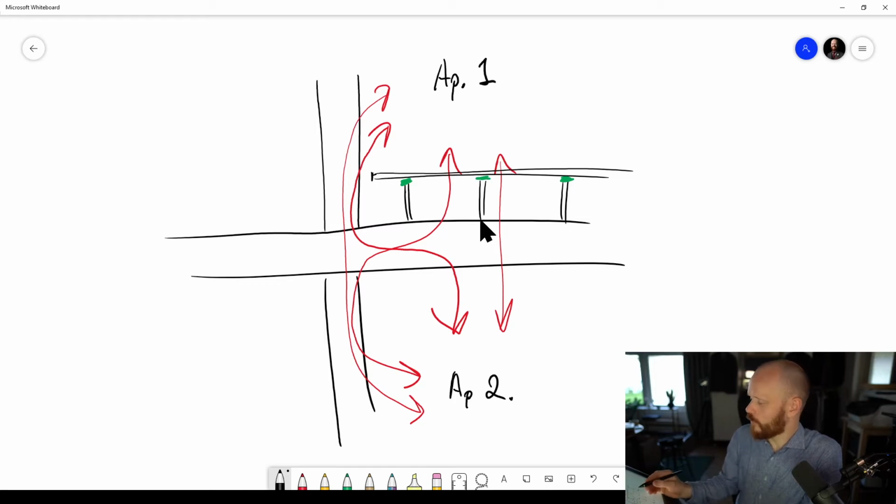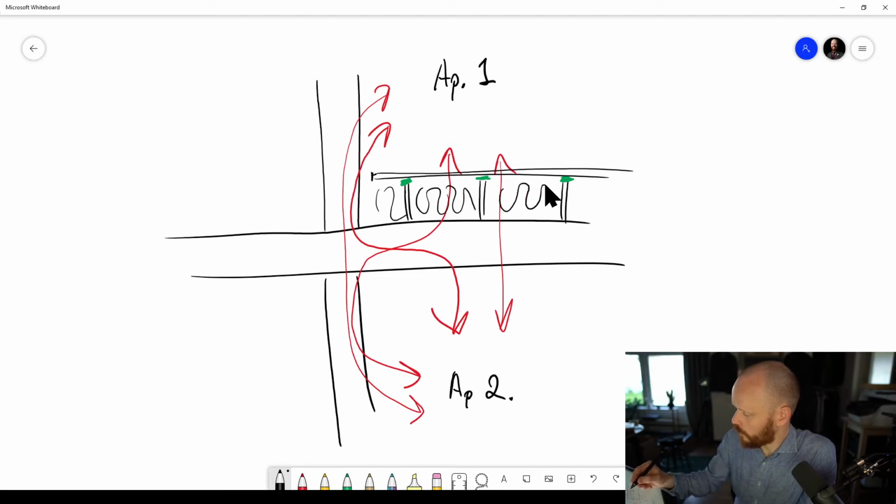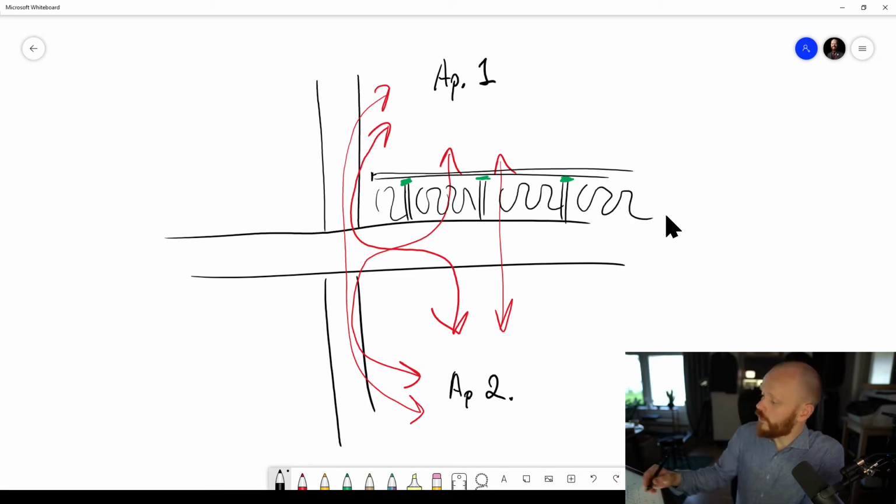Now this solution improves, and there should also be, of course, mineral wool in the cavity. This solution will be good in the vertical direction. It will also be good in this direction, because it will take care of this path, but it doesn't do anything for these 2 paths.